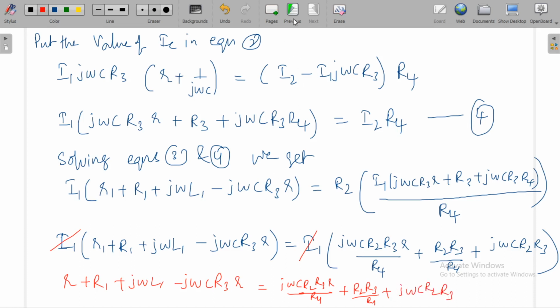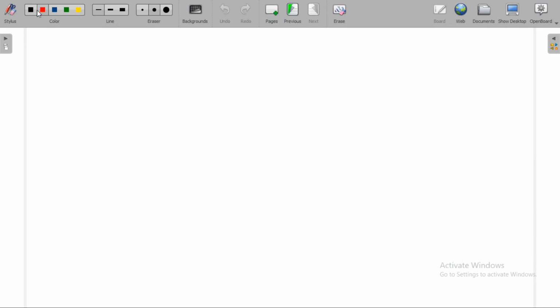Now equate both real and imaginary parts separately.